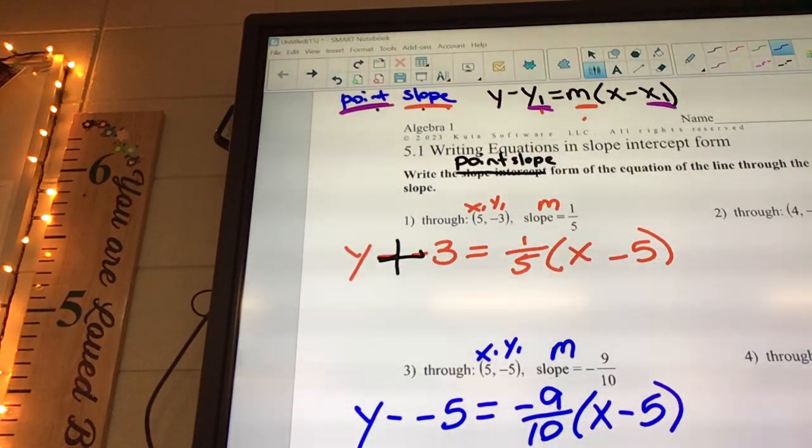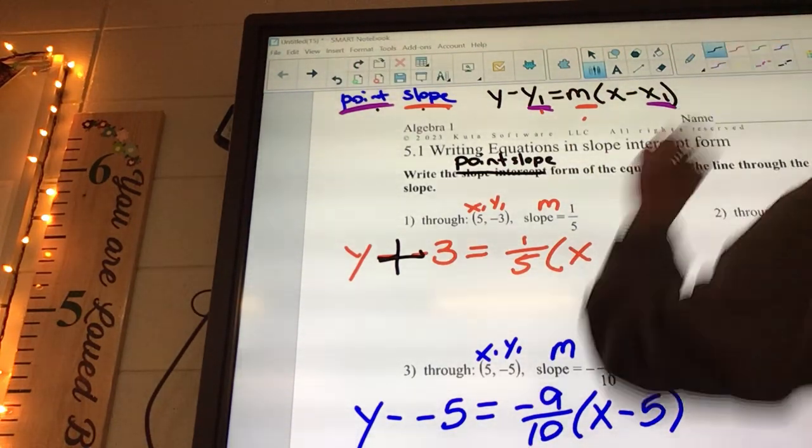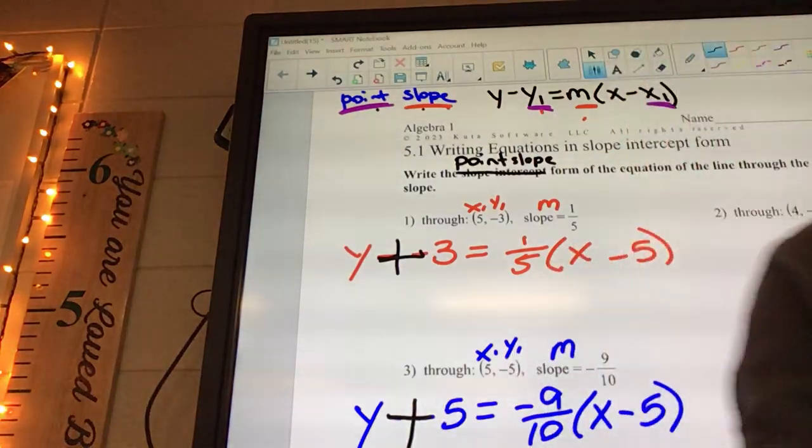Okay, and although this one is done, we do need to change that minus minus into a positive. Okay, so right here it really should be a plus, so it should be y plus 5.